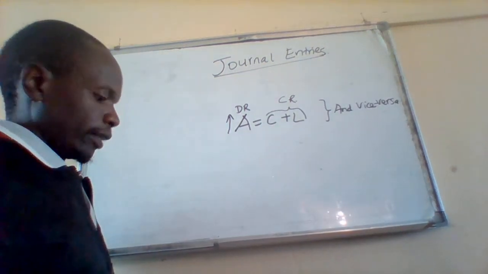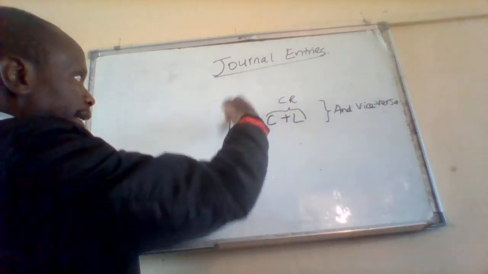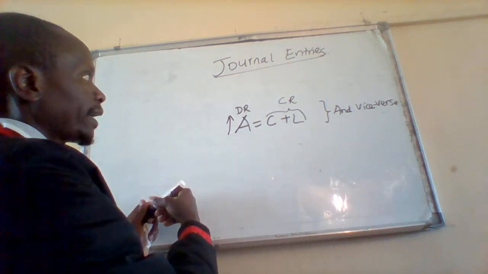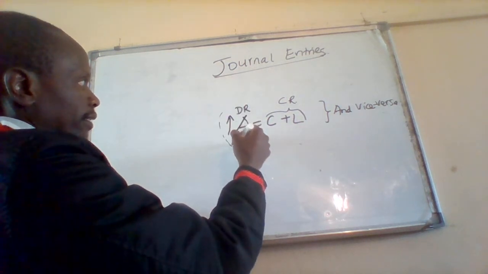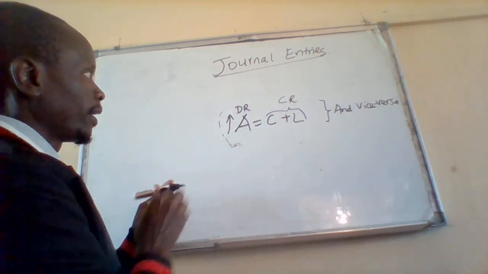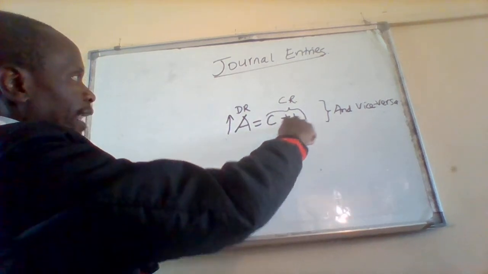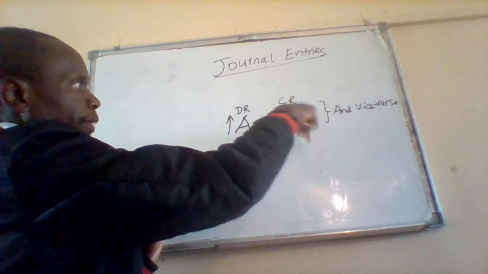So basically, what I'm trying to say here is that when an asset decreases, now we credit. When an asset decreases, we credit. Okay? And when liabilities decrease, we debit now.